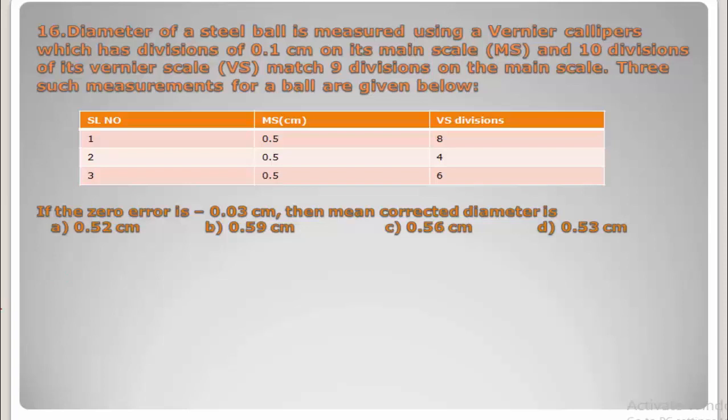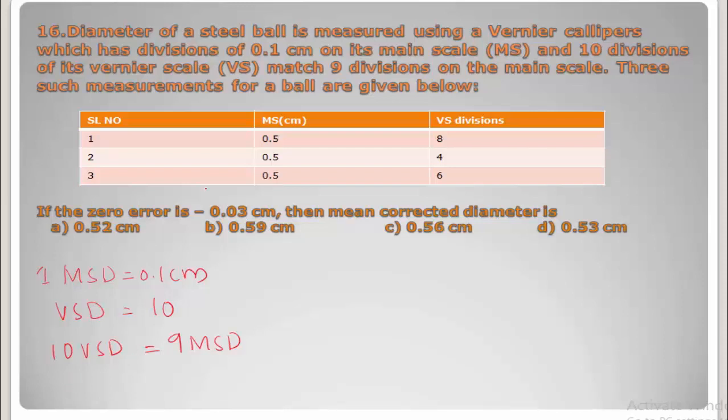Here the given data is value of 1 MSD equals 0.1 centimeter. Total number of VSD are 10. 10 vernier scale divisions coincide with 9 main scale divisions. Now we have to determine the mean corrected diameter.